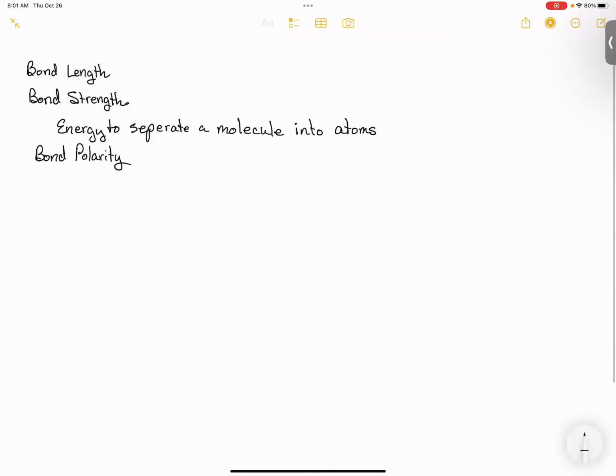I will bring up bond type today, and then we'll talk about it more during lab as well. So a busy day talking about the bonds in a molecule and then talking about the molecule itself.